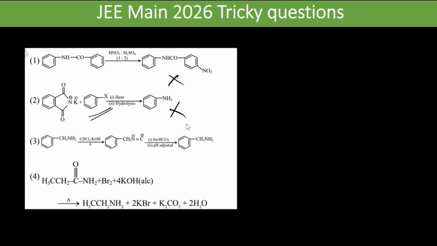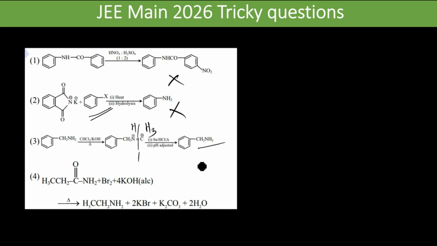And what about the third one? I have CH2NH2 with carbylamine, and tin HCl. If tin HCl is used, then the product would be NHCH3. It will break like this, and NHCH3 would be formed, right?